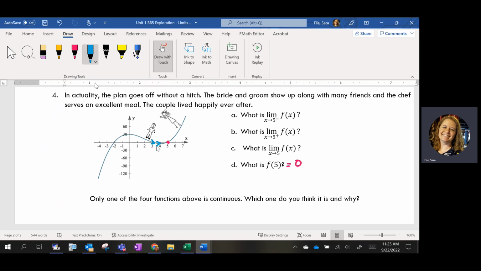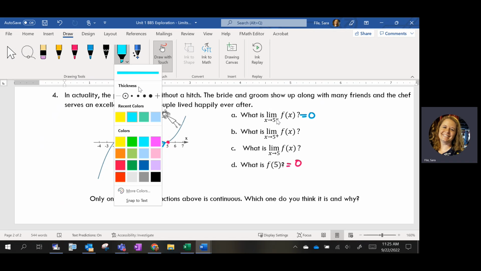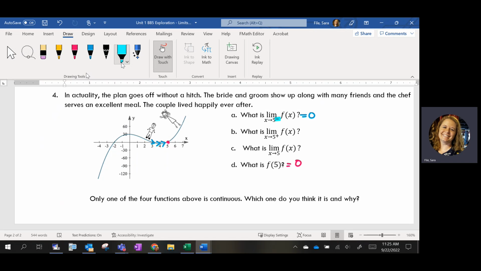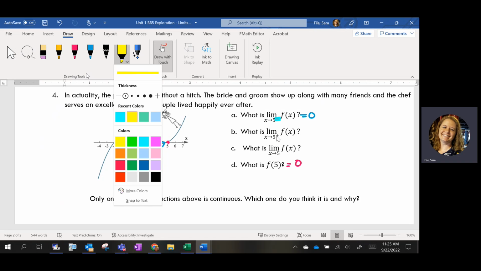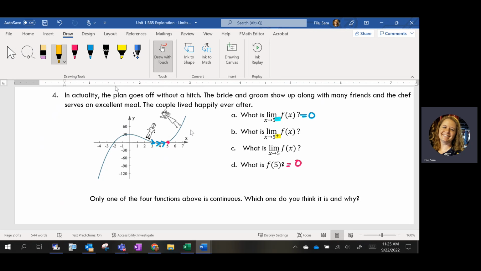Okay, so as the groom is coming in from the left, getting closer and closer to X is 5, what's Y getting closer and closer to? 0. Good. So the limit from the left is 0. Okay, and then the limit from the right, that's our bride, she's coming in.